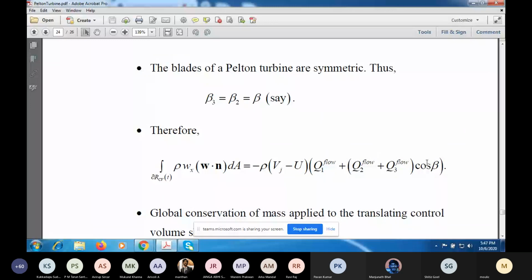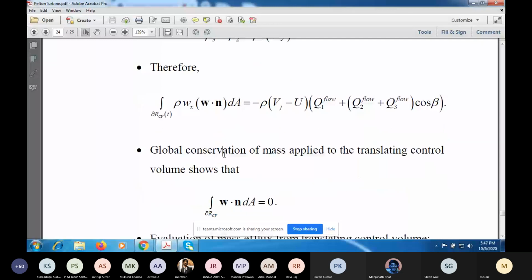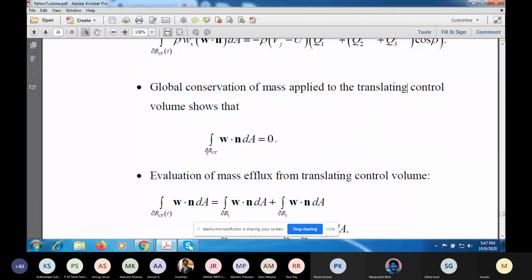Now let us apply global conservation of mass to the translating control volume. Then you will have the integral of W dot dA is 0. Here the density of the liquid is constant, so conservation of mass is equivalent to conservation of volume.